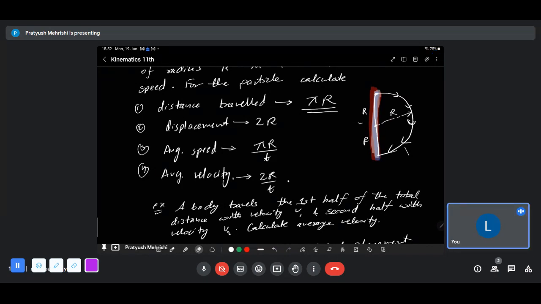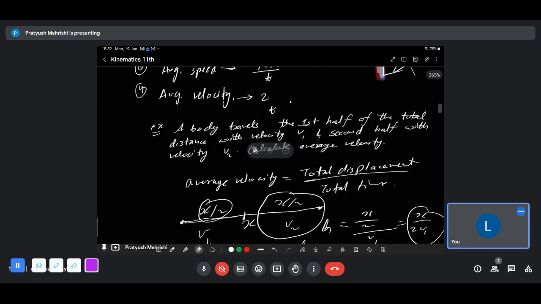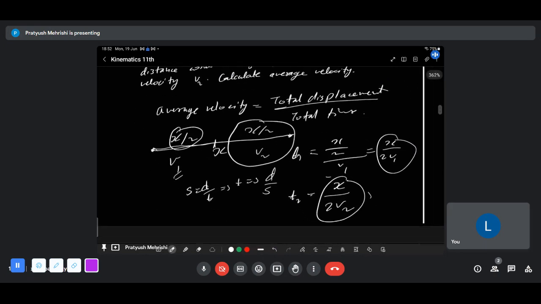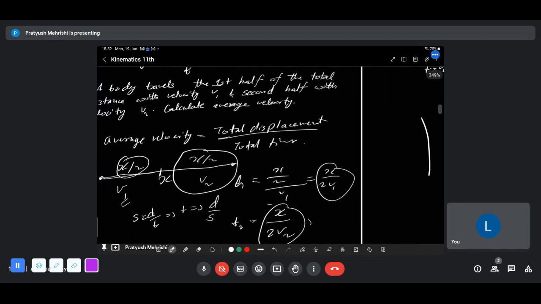2v1 v2 by v1 plus v2. Fine. But how to calculate it? We will assume that half of the distance it is covering with v1. So x upon 2v1.